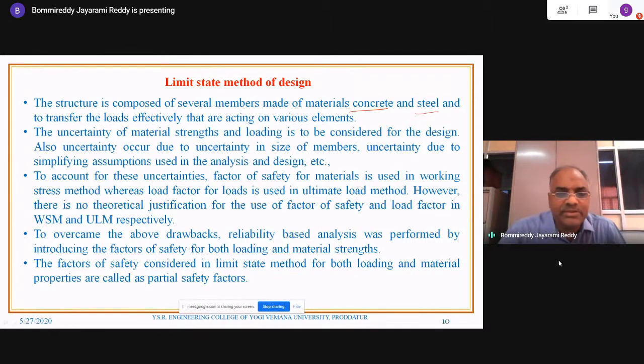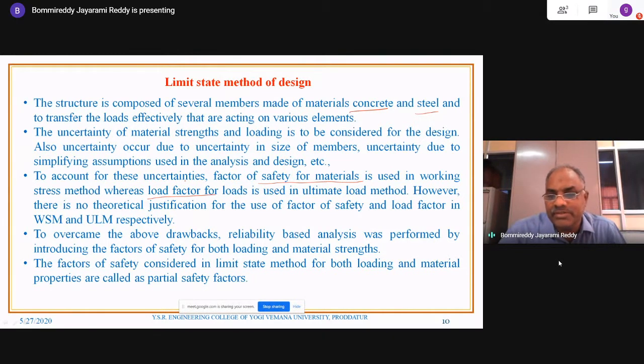In the working stress method of analysis, safety is provided for the materials by reducing the stresses using the factor of safety, whereas in the ultimate method, a load factor is used for introducing the factor of safety.